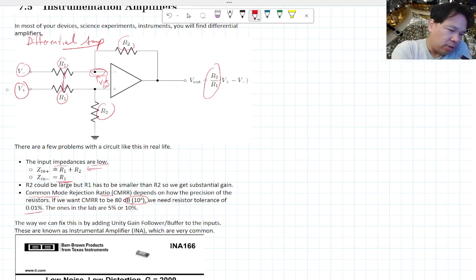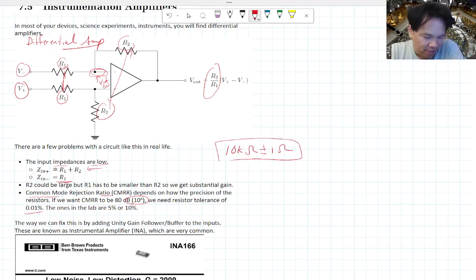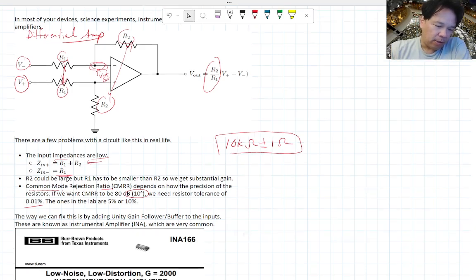So these resistors have to match each other within 1 in 10,000. If you have a 10k ohm resistor, they have to be within 1 ohm, so plus or minus 1 ohm, which we don't have, especially in the labs we're doing this in. These resistors have tolerances of like 5 to 10%. You can buy better ones, but as you buy better ones, they get more and more expensive.